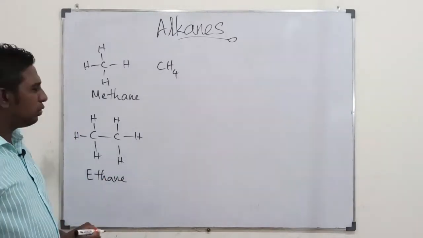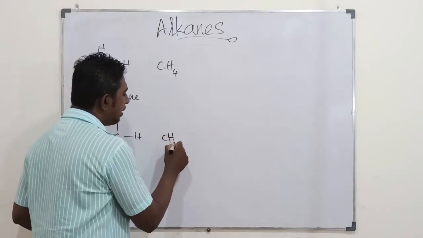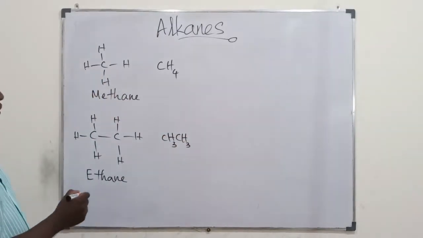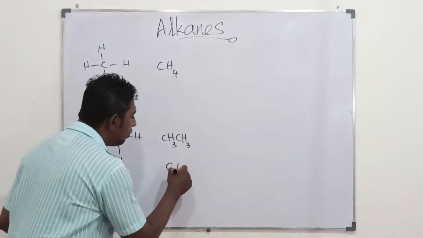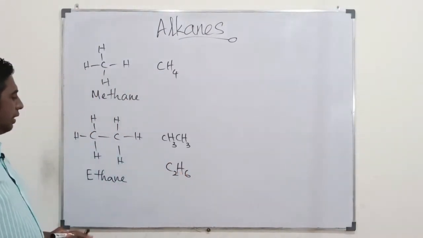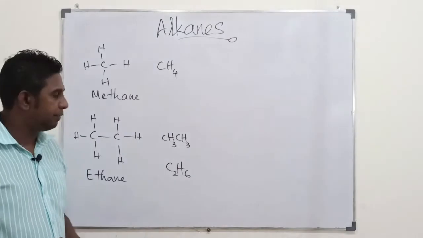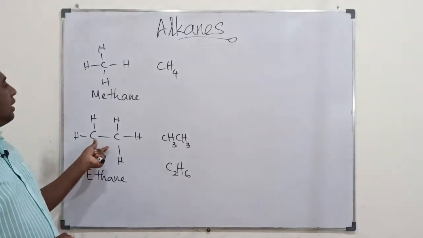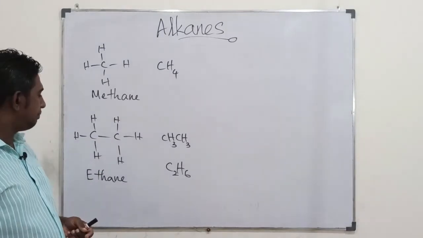In short, further, it is C2H6. Then it is ethane. This is the molecular formula. This is the structural formula.